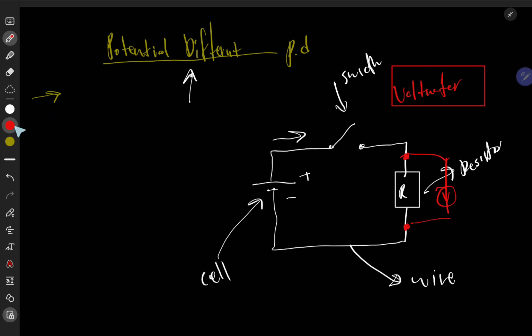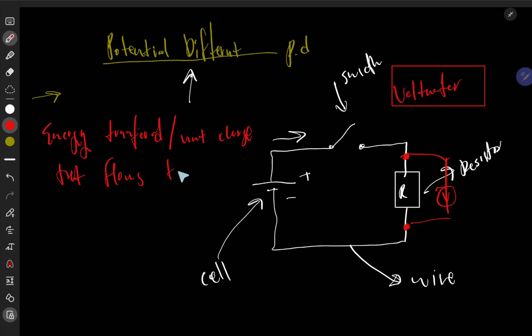Potential difference, by definition, is the energy transferred per unit charge that flows through it.